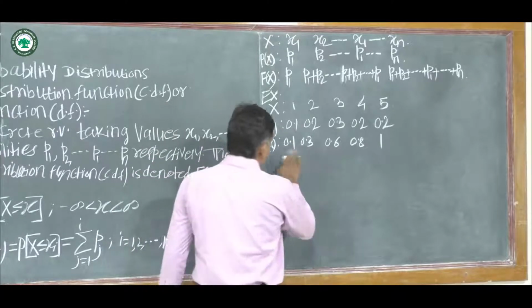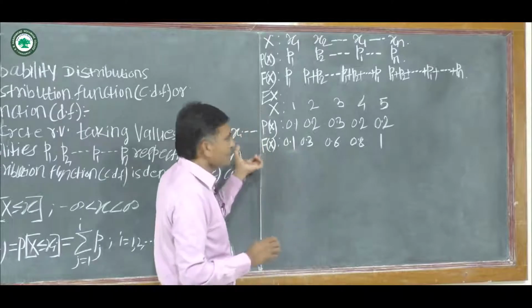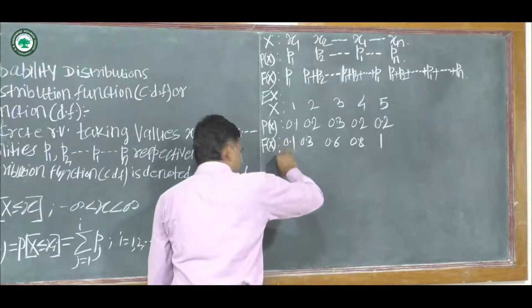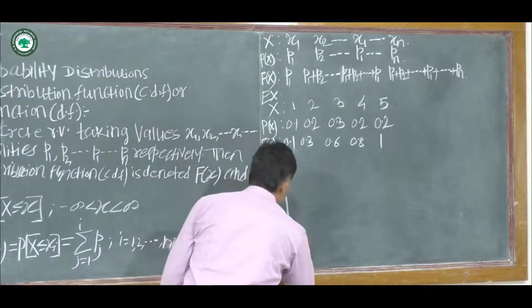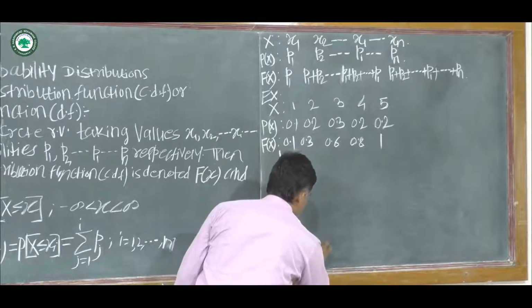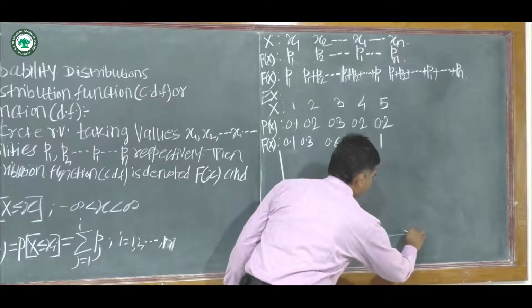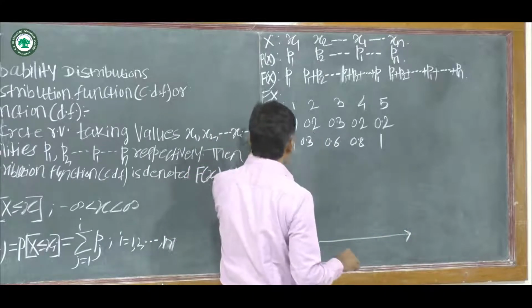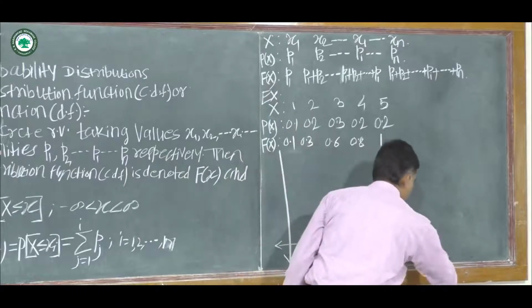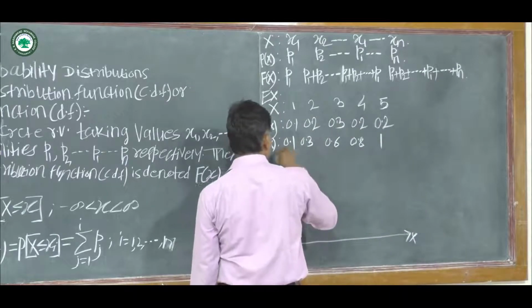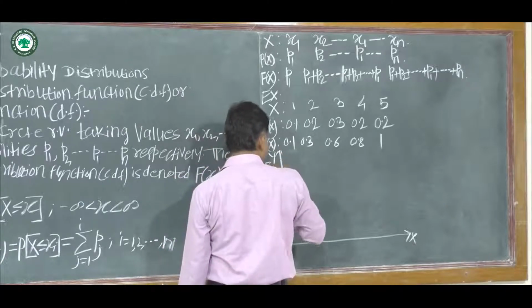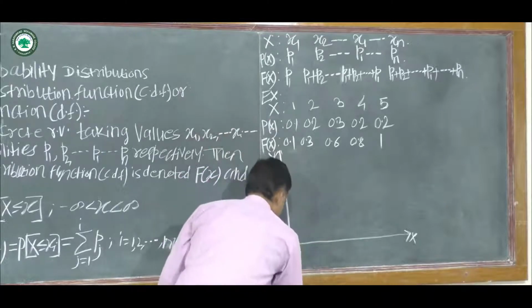Now we draw the graph of the capital F of x. Draw x-axis and y-axis. Take values of random variable on x-axis and on y-axis capital F of x.